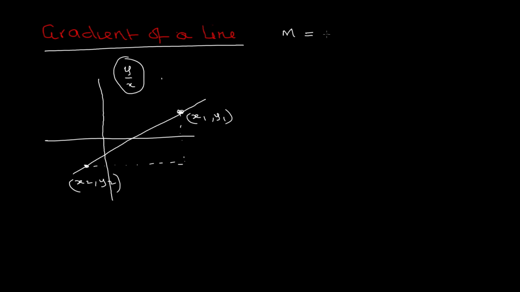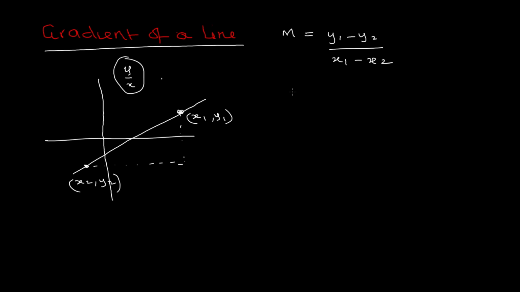The displacement in the y-axis here is y1 minus y2. The displacement in the x-axis, or the distance in the x-axis, would be x1 minus x2. So that will be the gradient of this line.